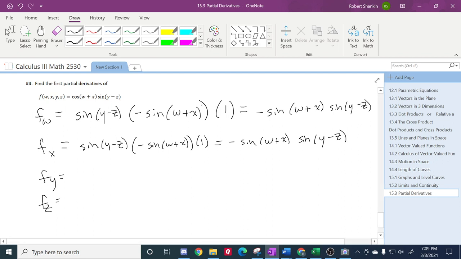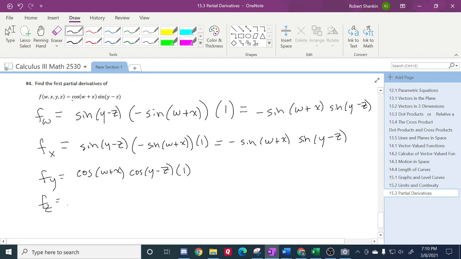Alright, so the f y, this part is going to be the constant, there are no y's in it. The derivative of sine of something is the cosine of that something, times the derivative of the internal, which with respect to y is just 1. So that's it.